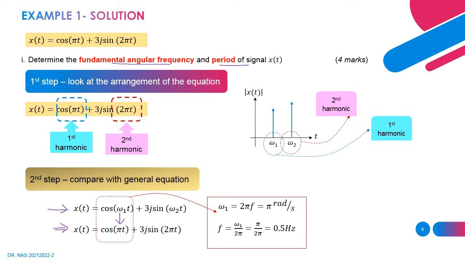Okay, so ω1 equal to 2πf equal to π radian per second. If the question asks you for f, the frequency in hertz, you can calculate f by dividing ω by 2π. Because ω equal to 2πf, in this case f equal to 0.5 hertz.